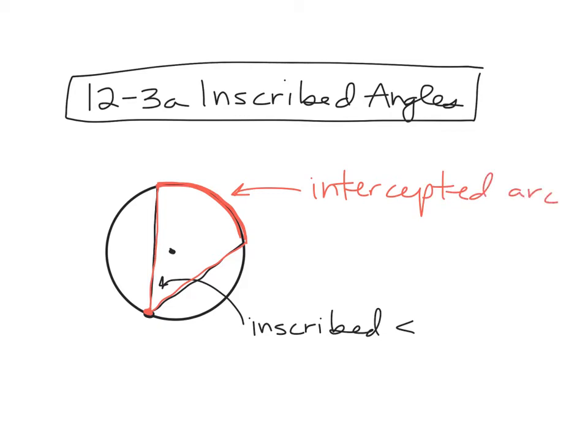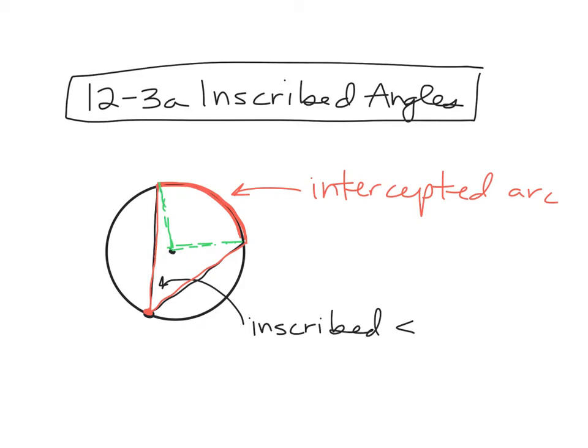So an inscribed angle and an intercepted arc have a relationship, okay? When we learned about central angles, so you don't need to draw this, I'm going to show you. This angle here, how did that relate to the arc?